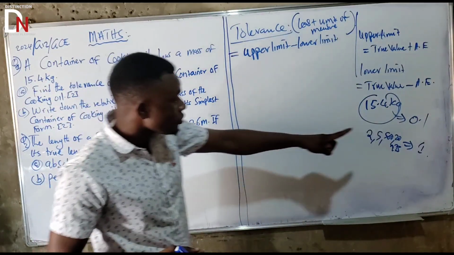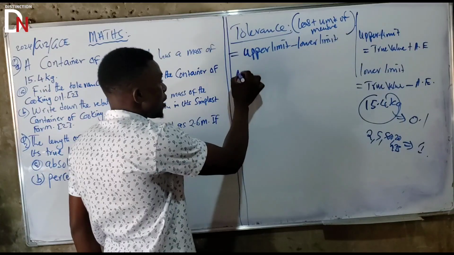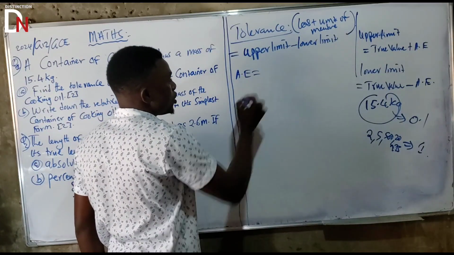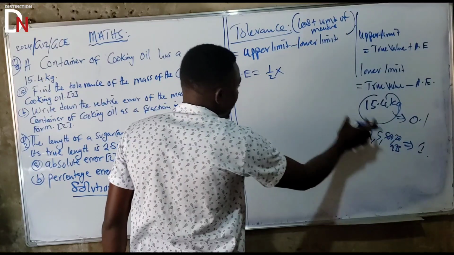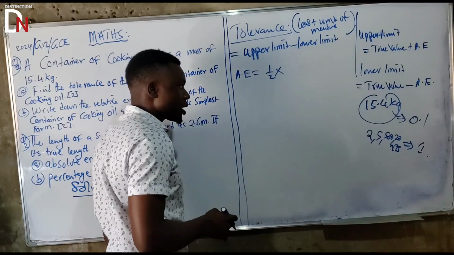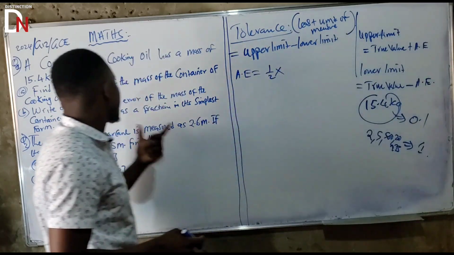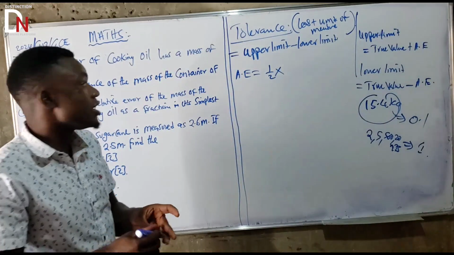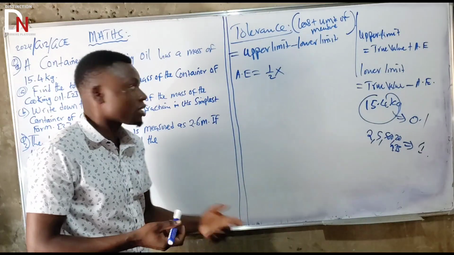To find the absolute error, we know the absolute error is half multiplied by the least unit of measure. But the least unit of measure in this case is the tolerance, isn't it? According to the question here, we can even find the answer without doing the calculations.